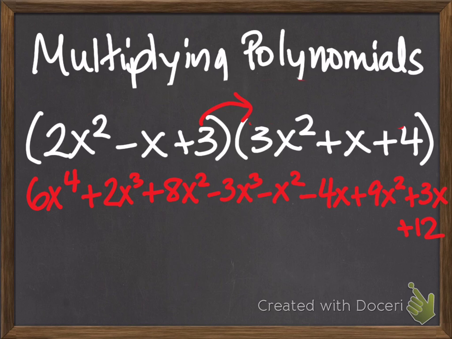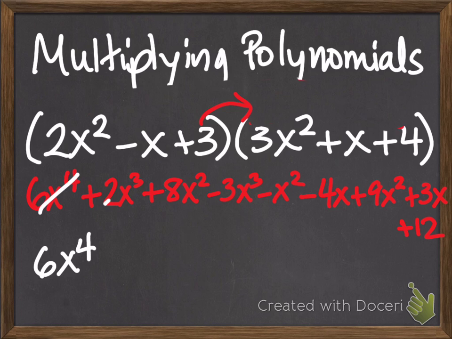And then we need to gather like terms again. On these, I usually recommend that you cross them out as you go, because it's easy to skip one little tiny piece, and then you wouldn't have your answer completely correct. There's only one piece that's to the fourth power, so 6x to the fourth.